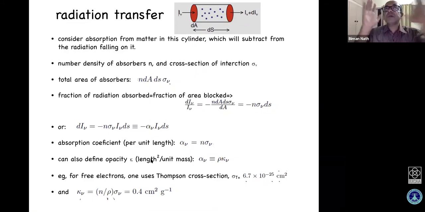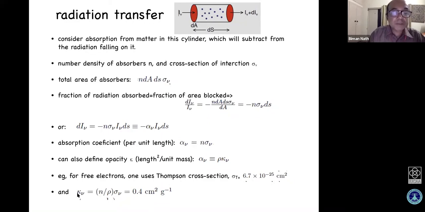And one can think that 1 kg of matter offers this much of blocked area. For example, if we have a particular interaction in mind, let's say it's ionized matter, just free electrons, and I have Thomson scattering in mind, then I'll use the Thomson cross section. This is in CGS units. This is the sigma t, Thomson cross section.